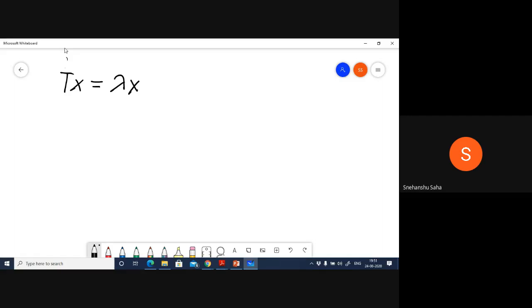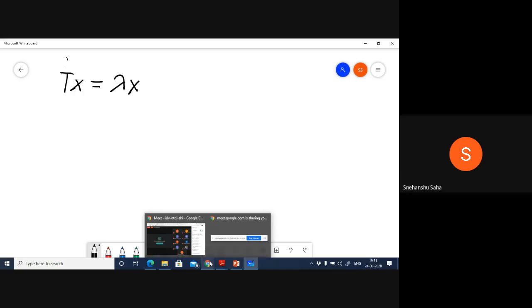One thing is this: I have a column vector, and I'm multiplying that column vector by some arbitrary scalar. I'm also multiplying that column vector by a corresponding linear transformation or a matrix. So the left-hand side is a matrix vector product.